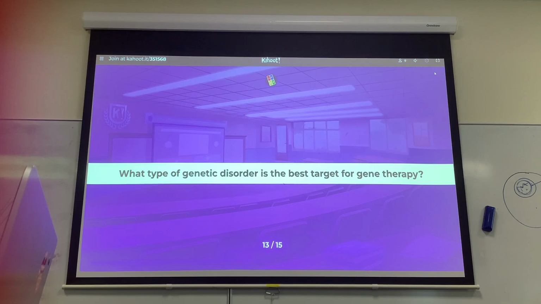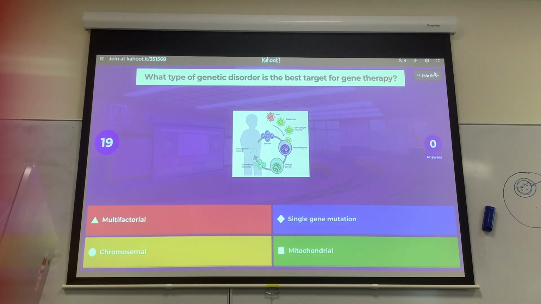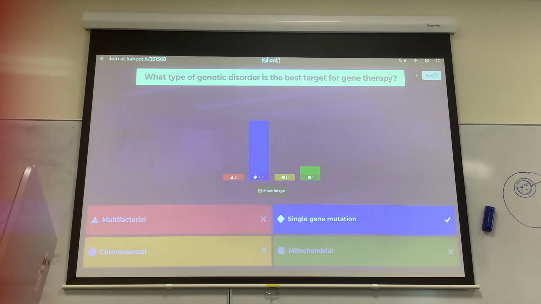What type of genetic disorder is the best target for gene therapy? Didn't talk about this either, but I thought just extend your thinking. Logically, we want to have a target that's relatively easy to overcome.